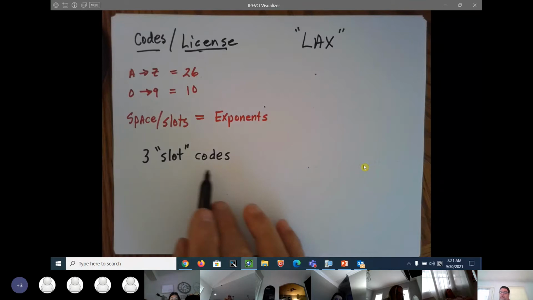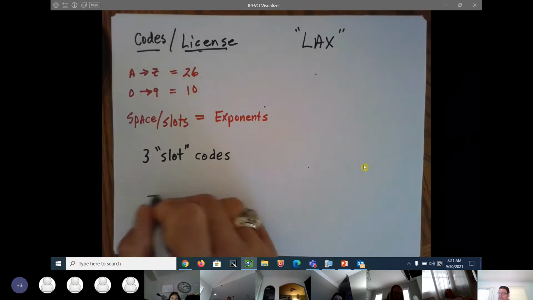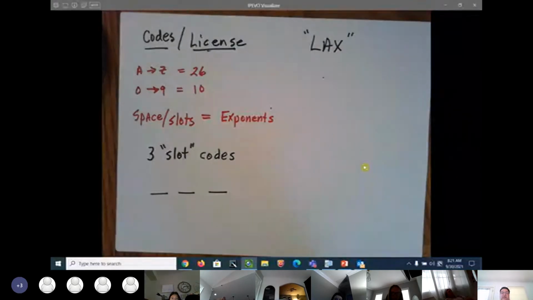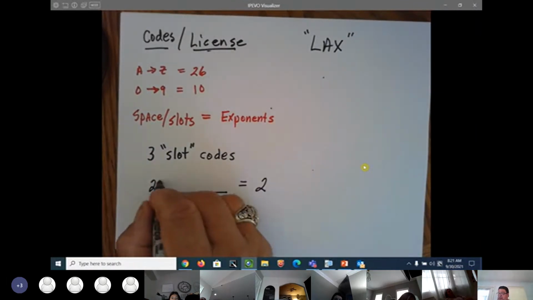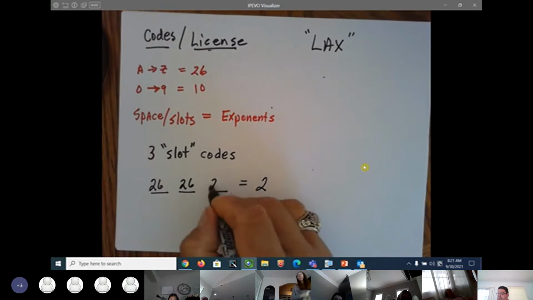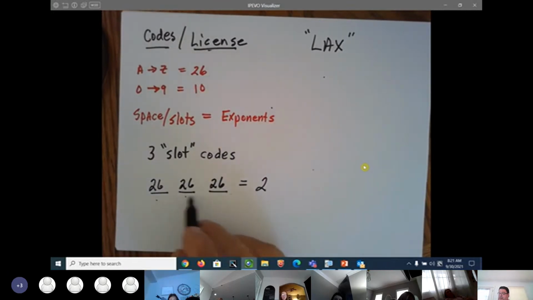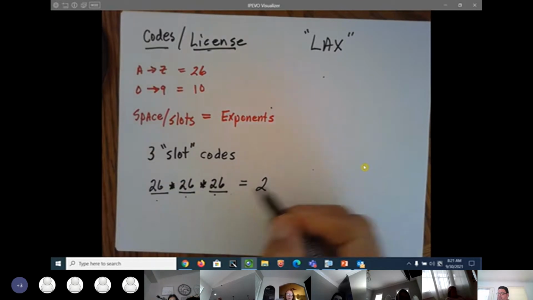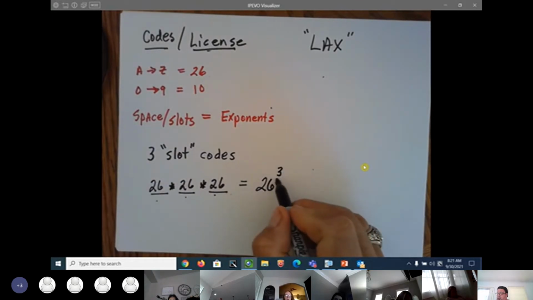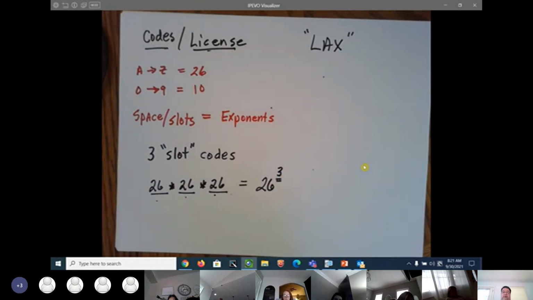3 slot codes. So I got 3 slots. And each slot is a letter. So that's going to be 26, 26, 26. There's 3 spaces. So that's going to be 26 to the 3rd power. There's your space right there.